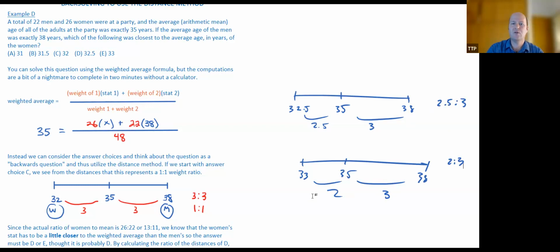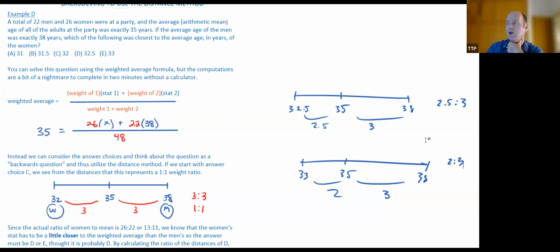Okay, and so let's just have you guys vote, those of you again on camera. One finger if you want the first one, the 2.5 to 3 ratio. Two fingers if you want the 2 to 3 ratio. Which one do you think is closer to the weight ratio that we were given of 13 to 11? Right, we were given 26 to 22. So you're voting here.